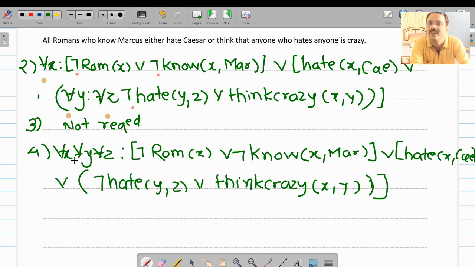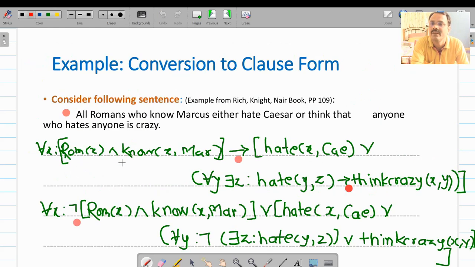That's how we have removed all quantifiers to the left. So this is after application of step number 4. So we have moved all quantifiers to the left.